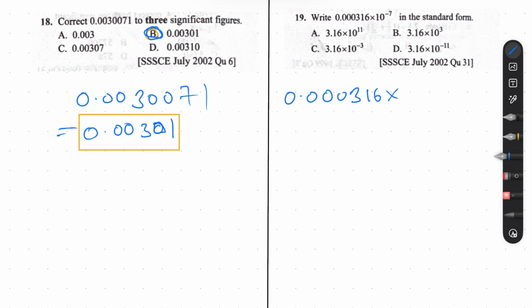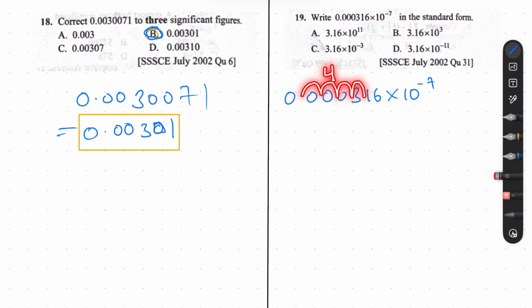So we have 0.000316 times 10 to the power negative 7. Now, what is the first significant number? 3. So let's put the decimal there. But before we move the decimal there, we need to count how many units we have. We have tenth, hundredth, a thousandth, and then you have 10,000th, right? So that is 1, 2, 3, 4, right?